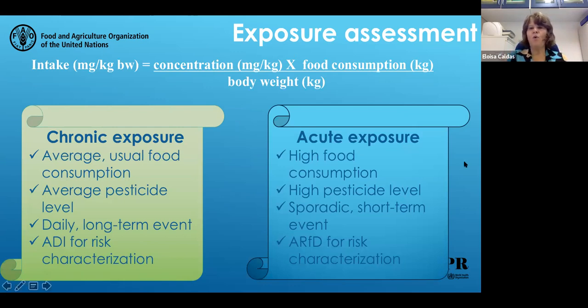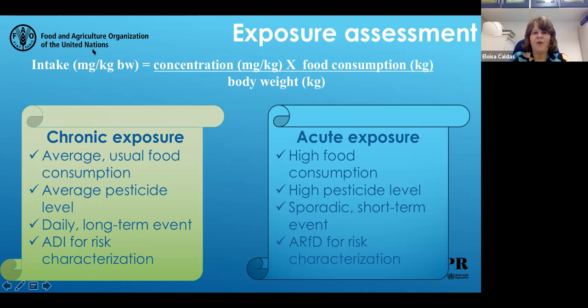What really concerns us is dealing with the residue of the pesticide in the food. And then we also have to be concerned about food consumption and body weight.